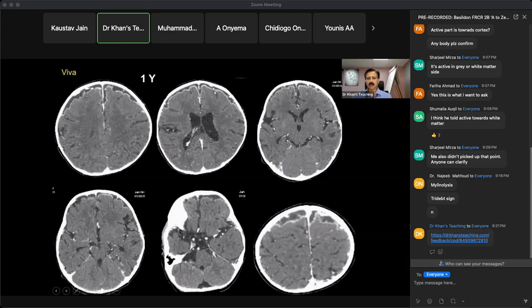And if you look carefully, because we have given contrast, there is enhancement of the vessels, normal vessels. And when we give contrast, this is how you can differentiate that this is subarachnoid space and not subdural effusion, which can occur. On an MR, you don't have to give contrast, but on a CT, you can do this.